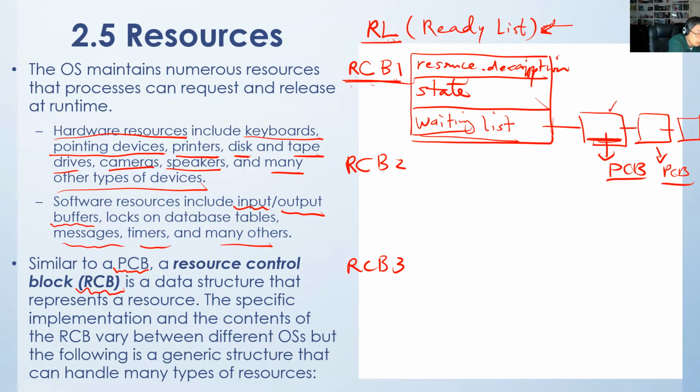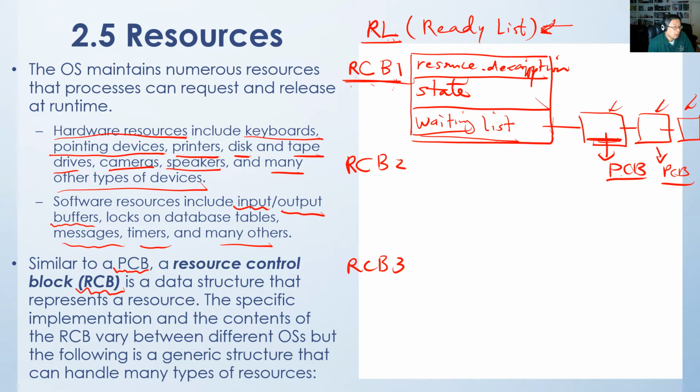Now, if a process is on the waiting list of RCB1, that means this process cannot be in the ready list. Remember that? Only a process that gets all the resources will be on the ready list, the RL.